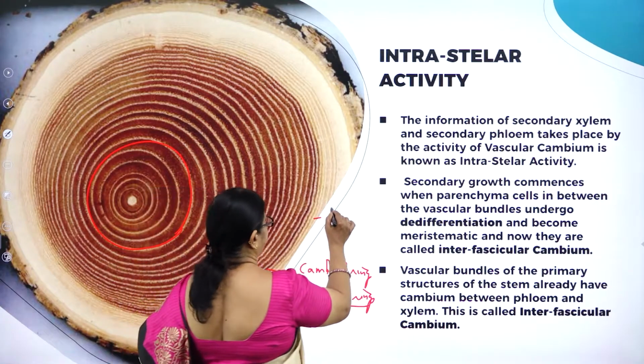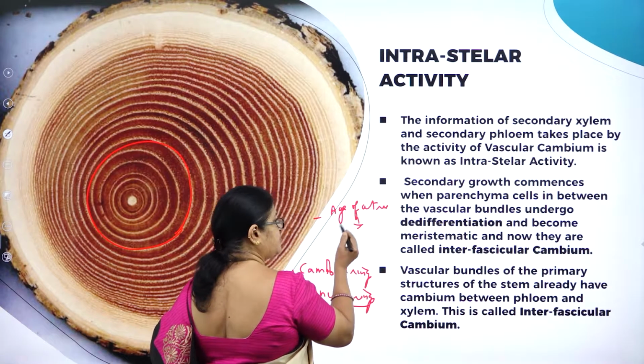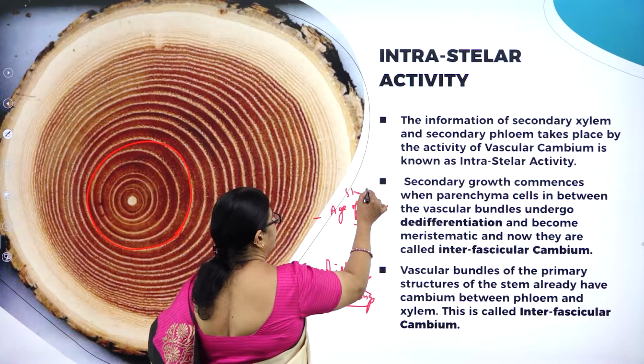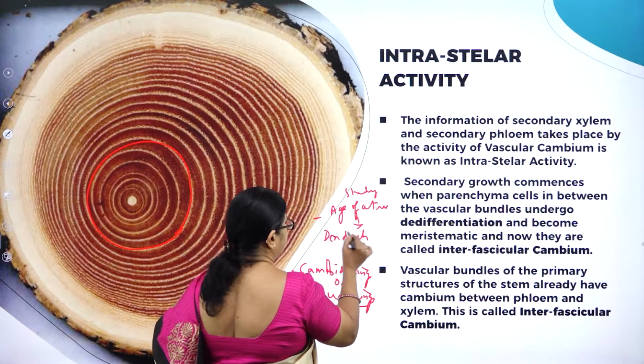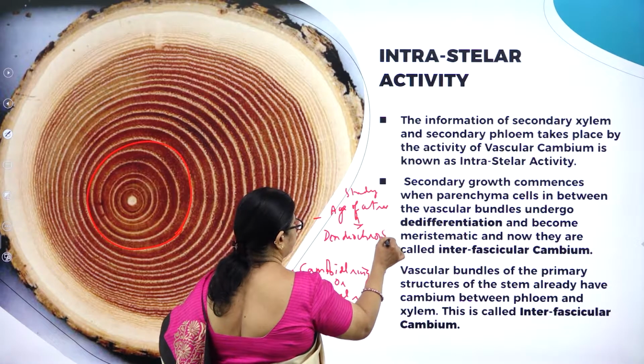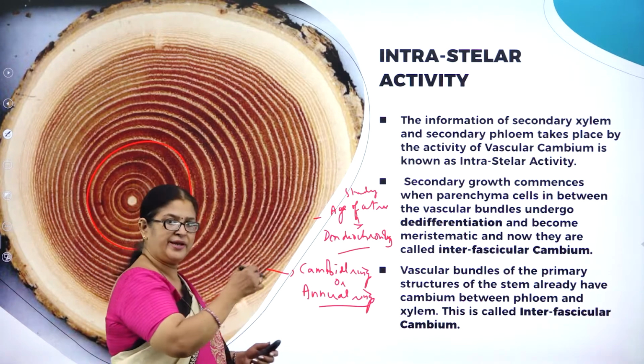That branch of biology which deals with the study of the age of a tree is called dendrochronology. Chronology means order. So one ring, one year.